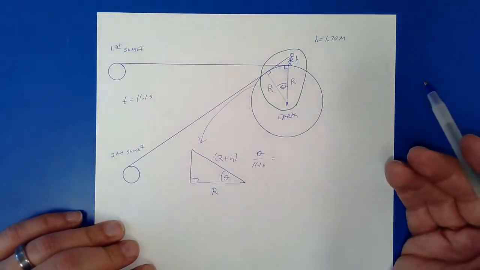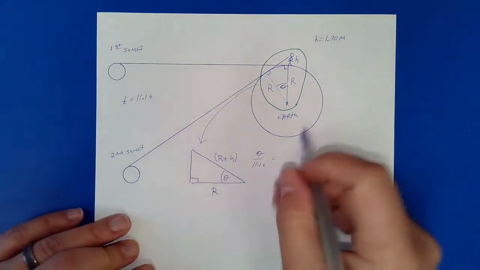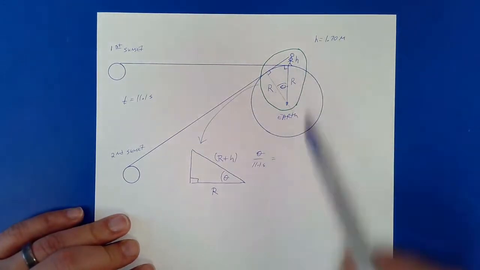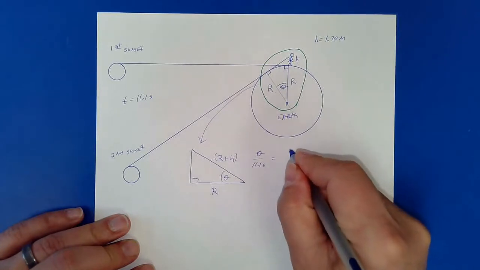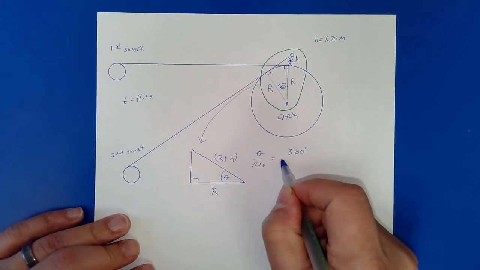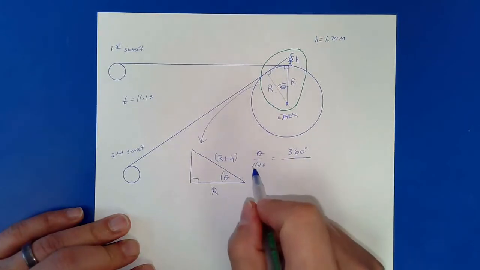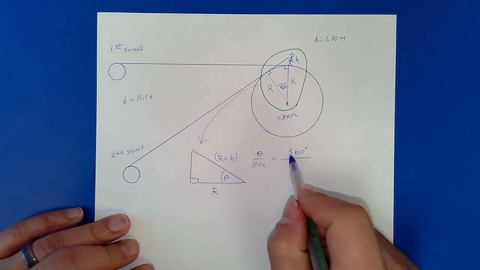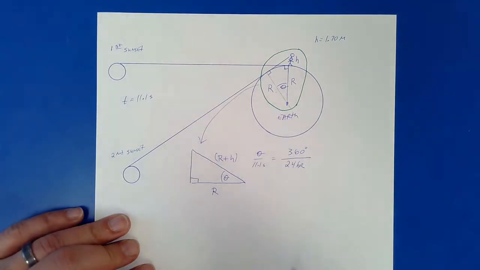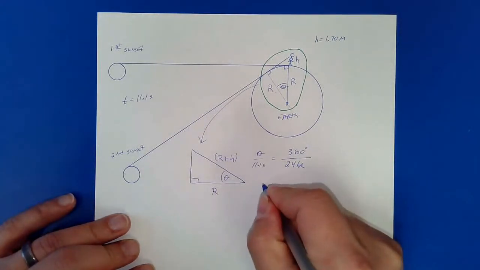That would take 24 hours, and the angle the sun would go through would be 360 degrees. So theta is to 11.1 seconds as 360 degrees is to 24 hours. We're going to use this relationship to figure out the value of theta.